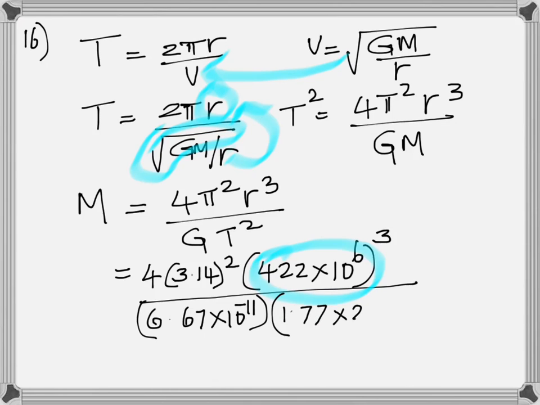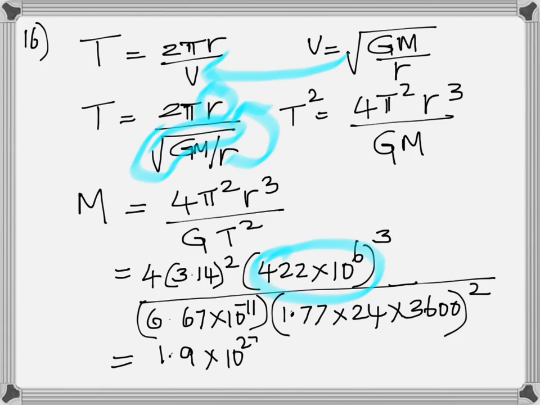Times 24 times 3600. And do not forget to square it. Yeah, when you do this calculation, be careful. There's lots of stuff here. Cube and square and all that. Got to be really careful. And you get 1.9 times 10 to the 27 kilogram.